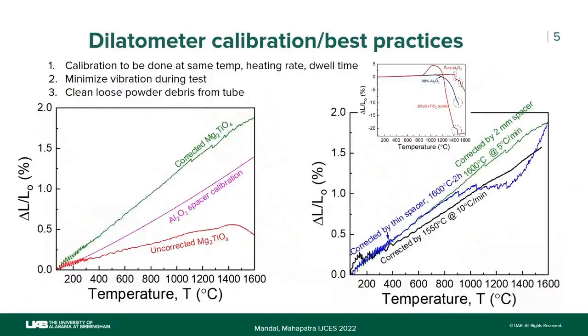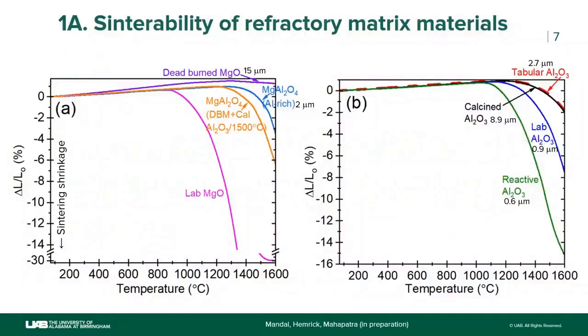Why? Because the shrinkage value is the change of your thickness as a function of temperature. So if you have a thicker sample and a thinner sample, the thicker sample will shrink more, even if you are doing a percentage.